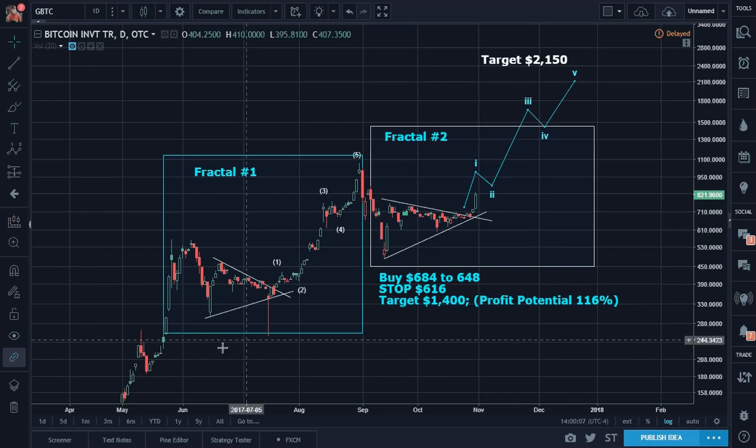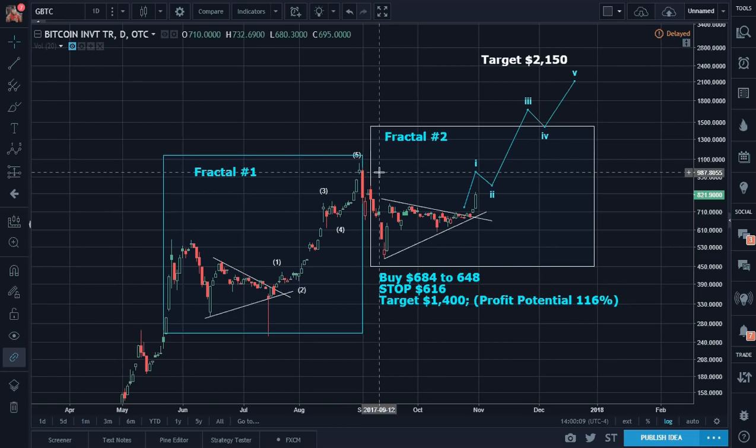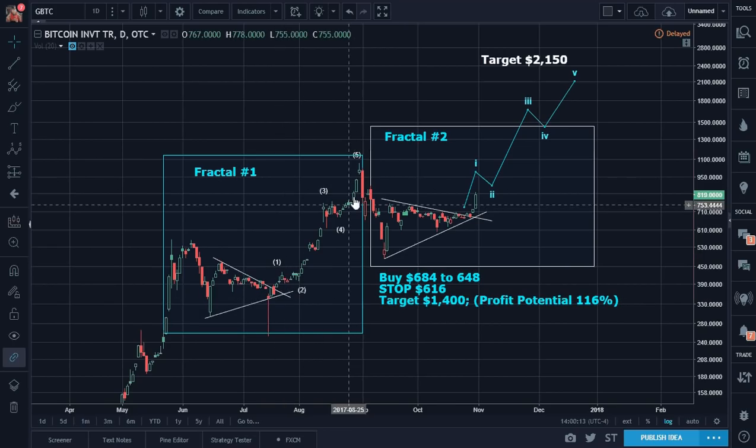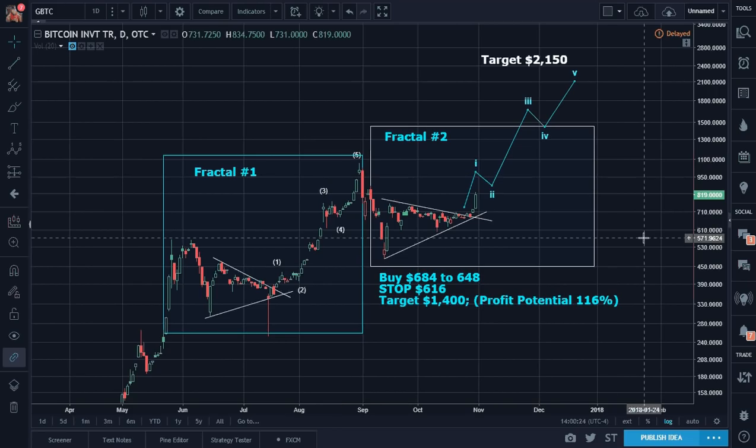Yeah, I rode this from 300 to almost 1,000. And then I counted 1, 2, 3, 4, 5. On the 5th wave, I exit, on the terminal end of the wave, 5 of 5, or 3 of 5 here. I try to get out. I knew it was coming. That's again the power of technical analysis.